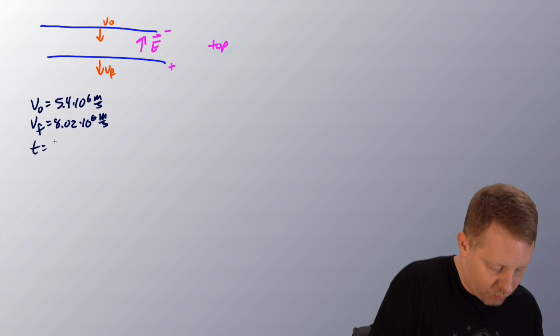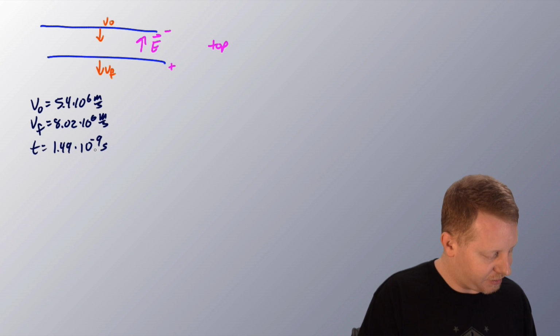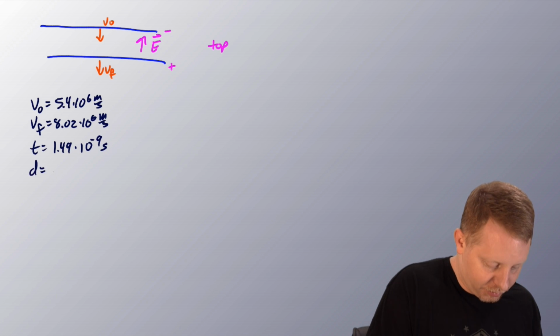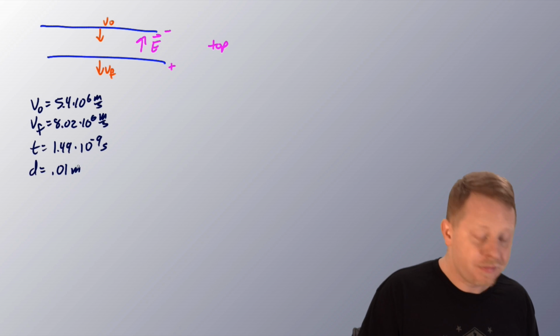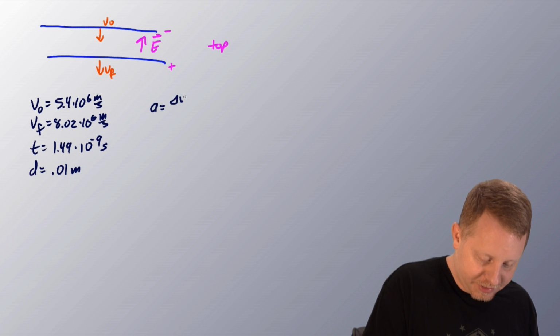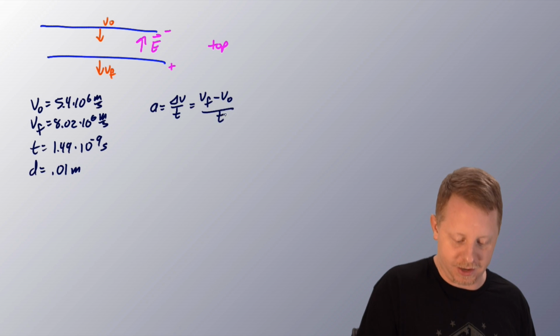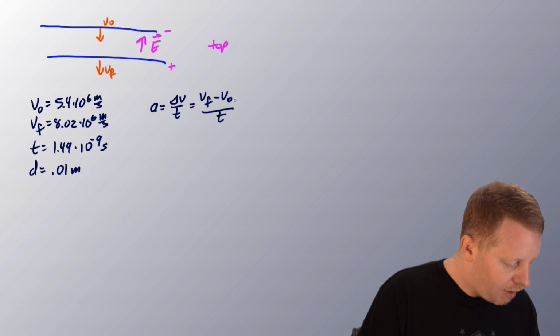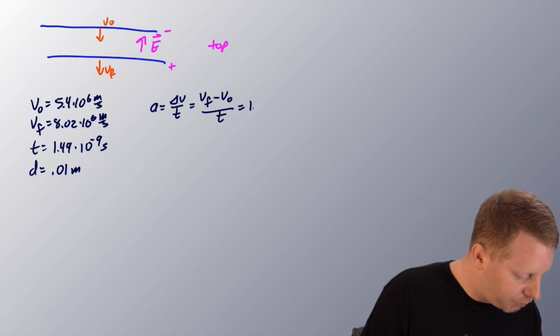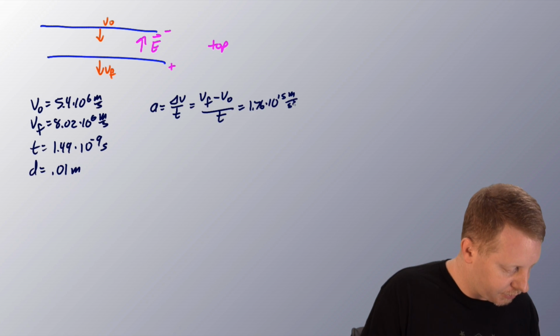It does that in 1.4 nanoseconds, or 1.4 times 10 to the minus 9 seconds, and the distance it traverses is 0.01 meters. So using kinematics, I'll find the acceleration as the change in velocity divided by the time, which is our final velocity minus our initial velocity divided by time, which comes out to be about 1.76 times 10 to the 15th meters per second squared.